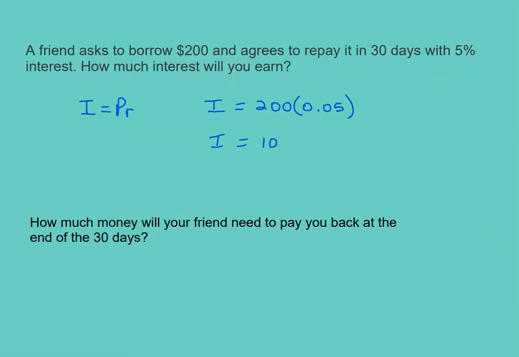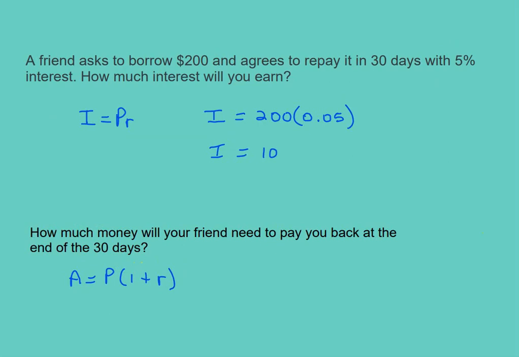If the question had instead been, how much money will your friend need to pay you back at the end of the 30 days, we would use the second formula that I showed you earlier, which is A is equal to P times 1 plus R. Because your friend is going to need to pay you back not only the interest, but the amount that they borrowed to begin with. So the total amount is going to be P, or the principal, what we started with, the $200, times 1 plus R, or the rate.